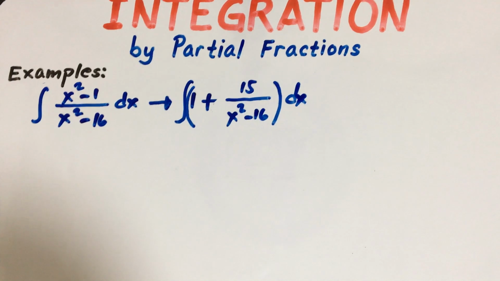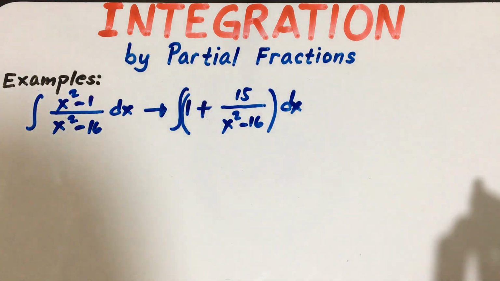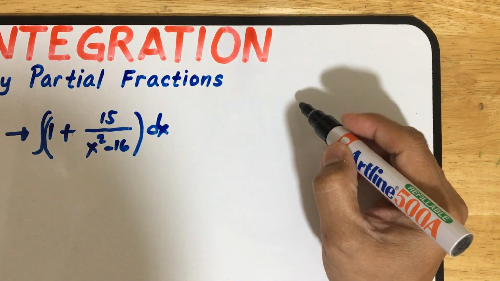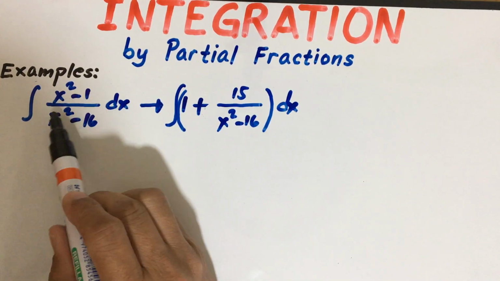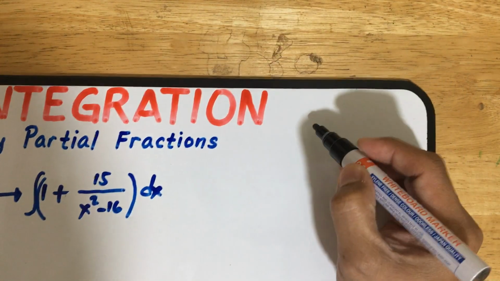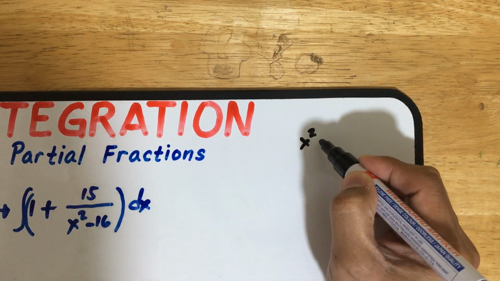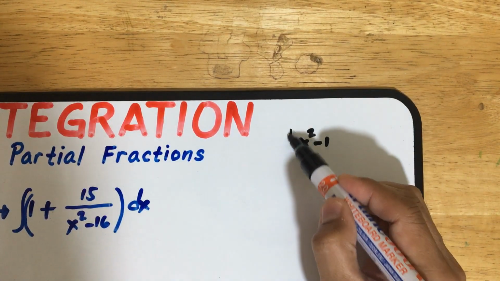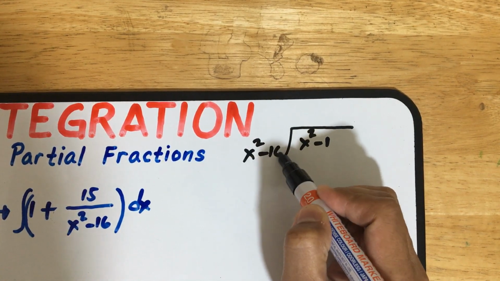If you're wondering where this expression is coming from, as I mentioned, we have to do the polynomial division first. So how to do the polynomial division? I'll show you here. We have the numerator x squared minus 1 divided by x squared minus 16. So we can rewrite this using the polynomial division: x squared minus 1, divided by x squared minus 16.